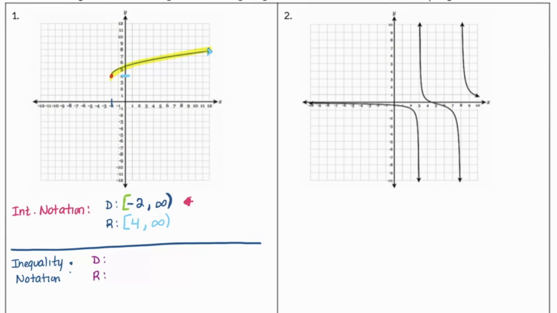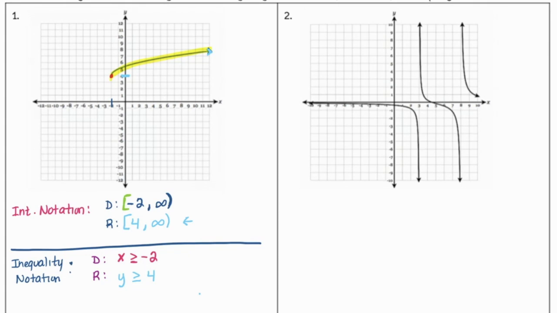It's telling me that x is greater than or equal to -2. X, the domain, keeps growing and growing and growing after -2. My range, I do the same way. I look at my interval notation and I ask myself, how can I represent that range as an inequality? What does this 4, including 4 all the way to infinity, mean? It means that we're talking about all the y values that are greater than or equal to 4.